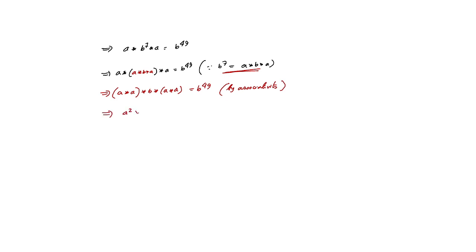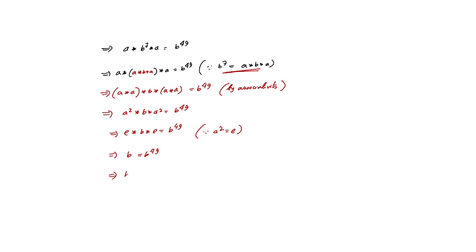Again this will be A squared star B star A squared, that is E star B star E, which equals B to the power 49, since A squared equals the identity is given. So B equals B to the power 49.